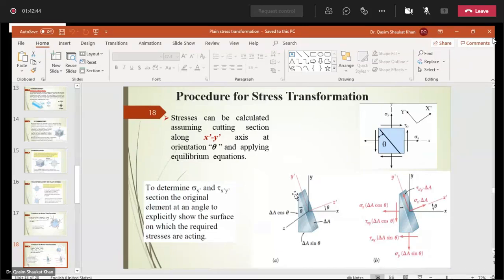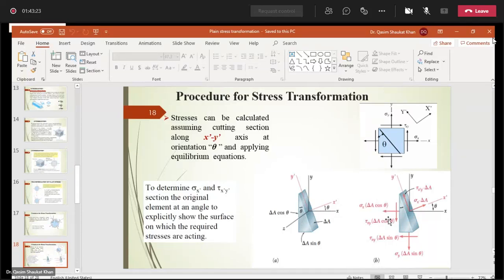So the component of the area about y axis and x axis is delta A cos theta and delta A sin theta. Why are we calculating the component of area about y and x axis? Because our normal and shear stresses are oriented with reference to x and y axis, and we have to calculate the transformed normal and shear stresses which will be oriented at an angle theta.